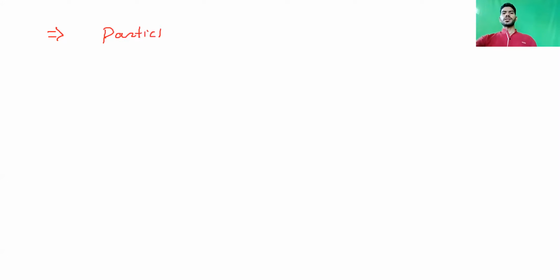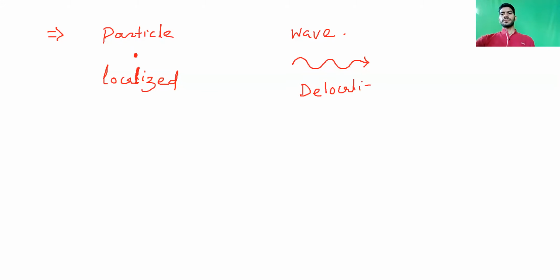Can anybody tell me? A particle is always localized, isn't it? Localized means it remains where it is, with a fixed position in space, right? But a wave is always delocalized. It doesn't remain at only one place, at one point. Wave is always delocalized. Correct? Have you got it?